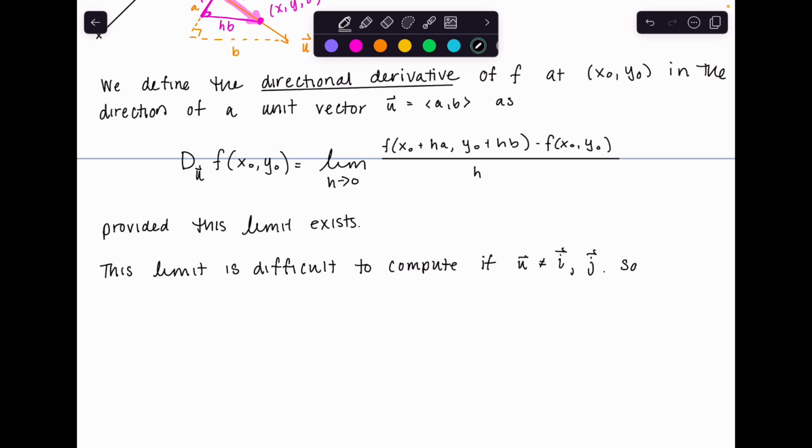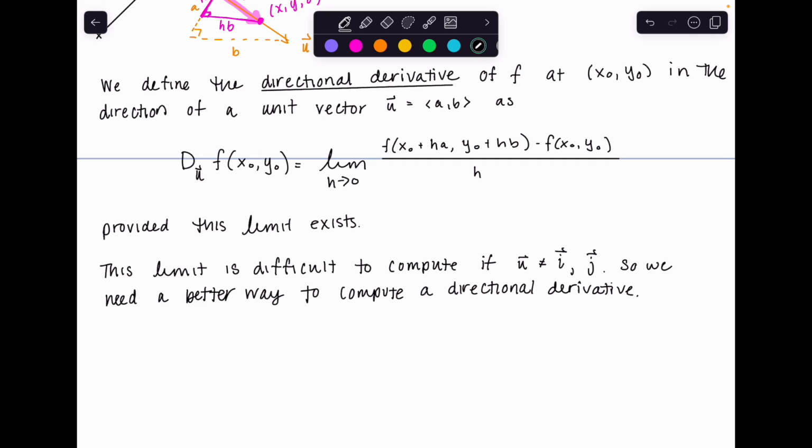So we need a better way to compute a directional derivative. So what I'm going to do is show you how the chain rule comes into effect, and it makes us evaluate something that's a little bit easier.